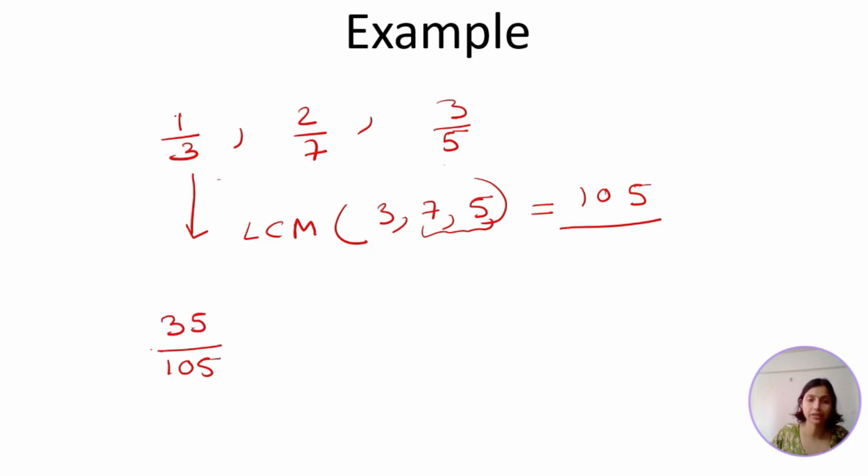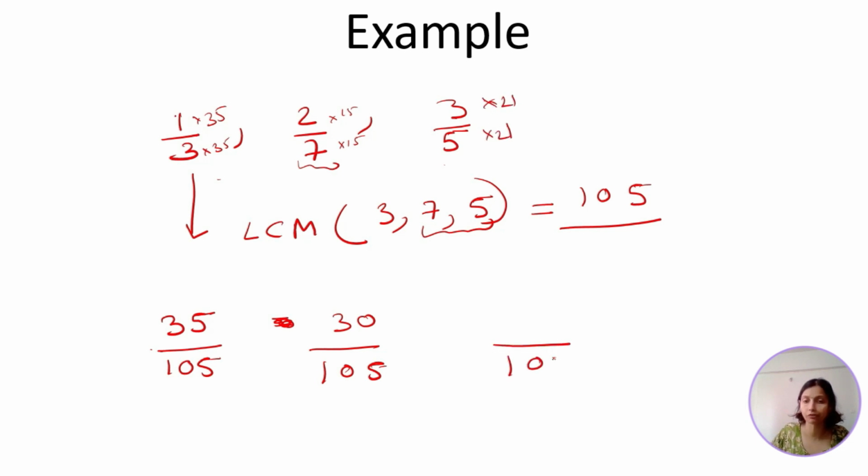So 1 by 3 will be transformed to 35 by 105. For 2 by 7, I need to multiply the numerator and denominator by 15. For 3 by 5, I need to multiply the numerator and denominator by 21 to get the denominator 105 and to get an equivalent fraction.